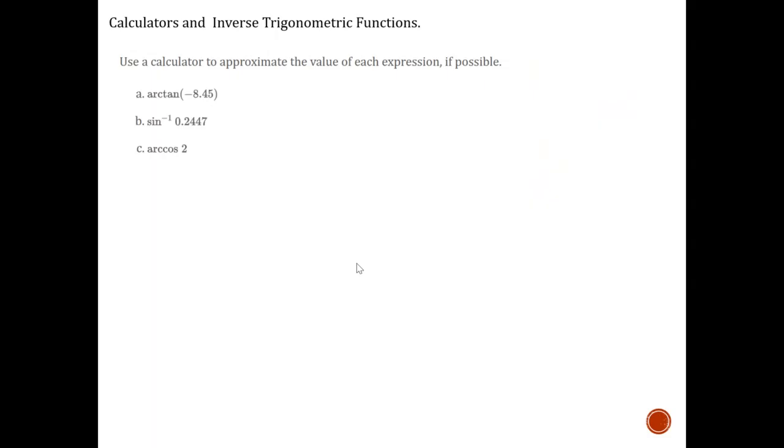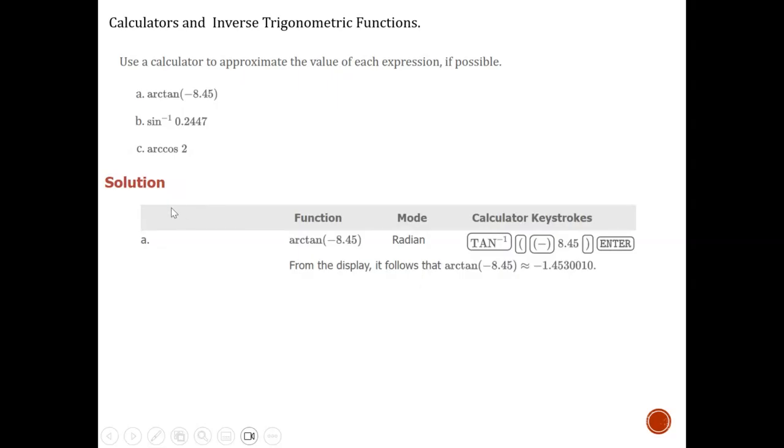Now here's how to use the calculator, because we're going to have to use it from now on. So the arctangent of negative 8.45, the arcsine of 0.2447, and the arccosine of 2. Here's what you're going to enter into the calculator. You're going to put the mode in radians.